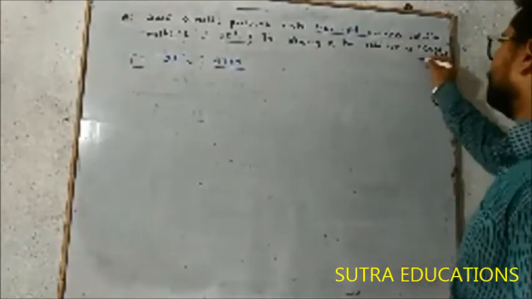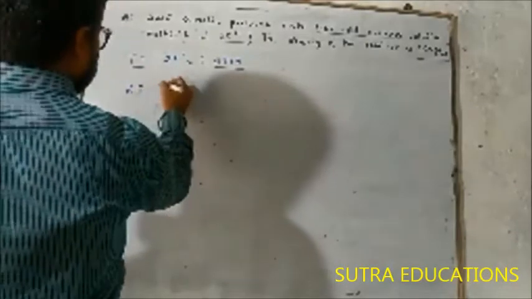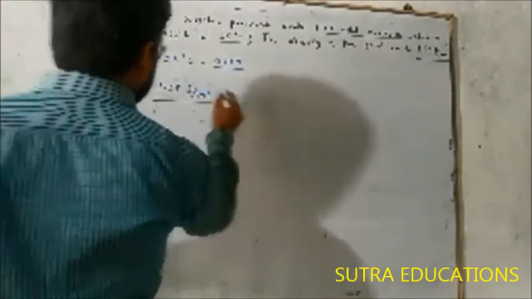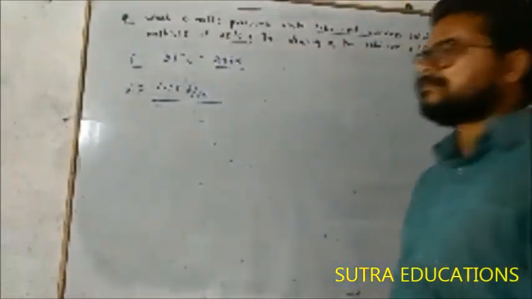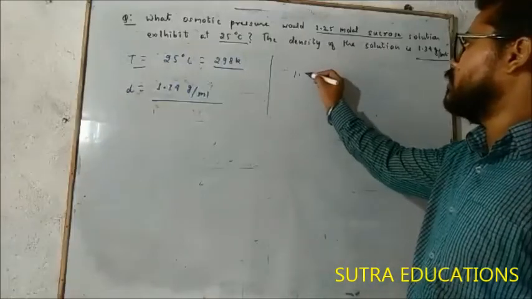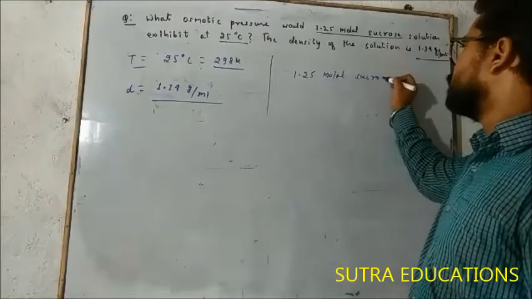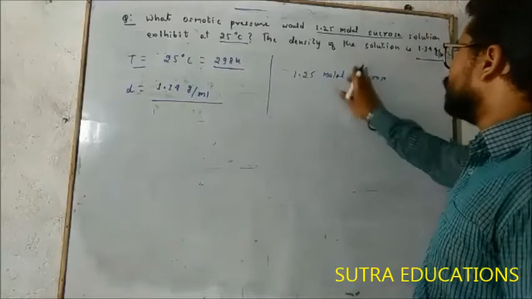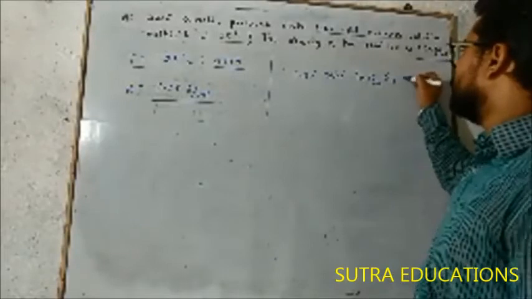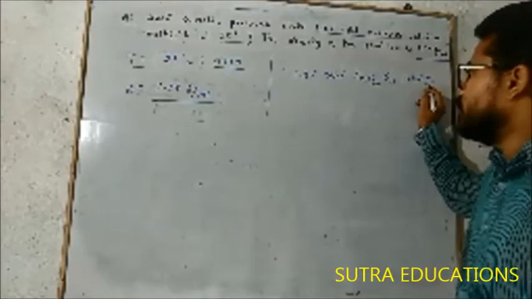Density we have given, and density is equal to 1.34 gram per ml. Here it is given 1.25 molar sucrose solution. Sucrose means what? C12H22O11 solution. Isn't it? Okay.